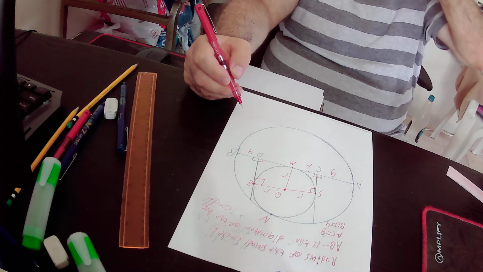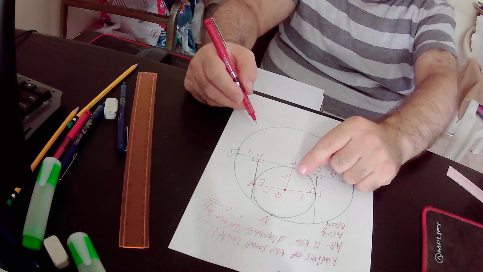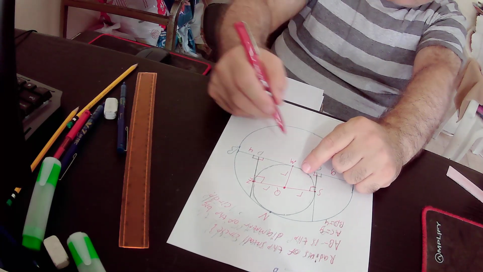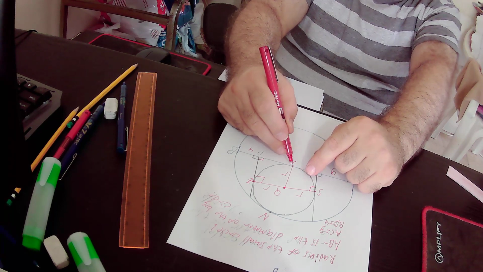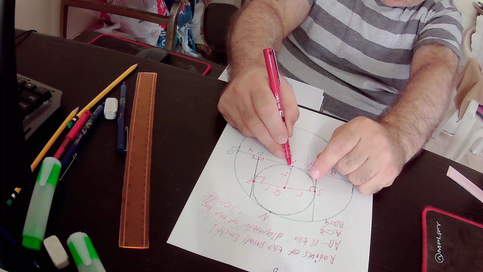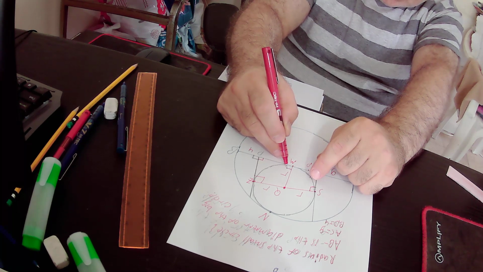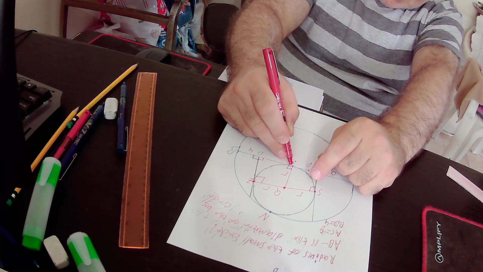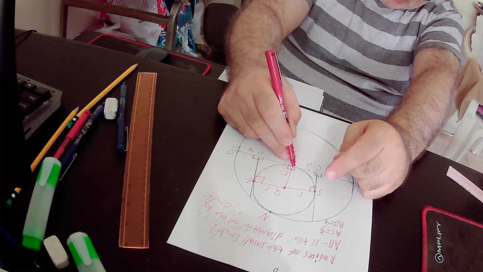And also the third radius is drawn to the launch point. Actually it touches the launch point, therefore the tangent is perpendicular to that radius. That is to say this is a right angle, and this angle also equals 90 degrees.